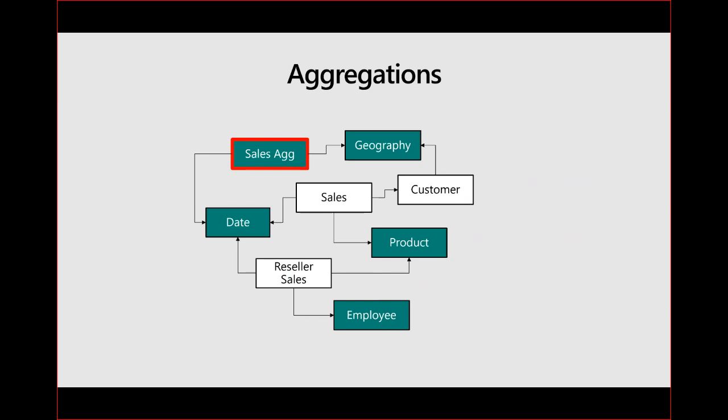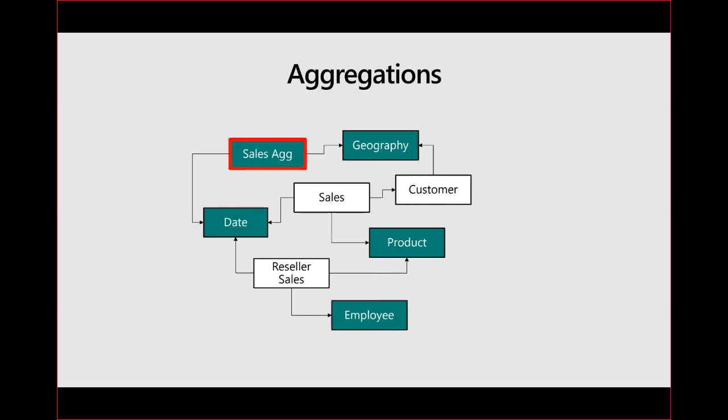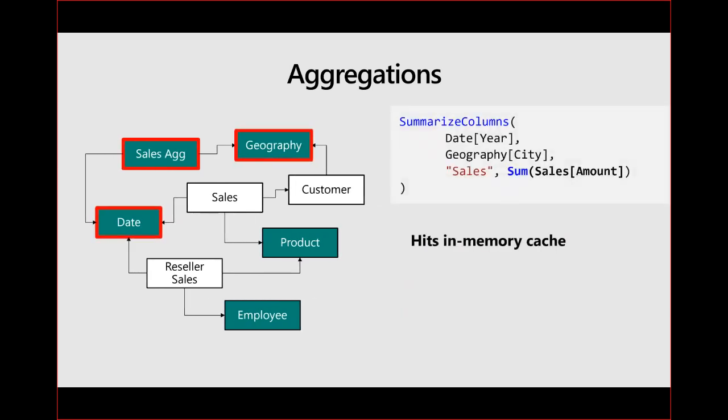That's fantastic. Okay, cool. So we've got the sales aggregation table, and it's an aggregation of sales. And the users, the consumers, the queries, they know nothing about this sales aggregation table. They just submit queries and generate visuals in Power BI, right? So as you generate visuals in Power BI, it's going to generate a DAX query to the data set. So this is a DAX query, and this is simply asking for the sum of sales grouped by year and city.